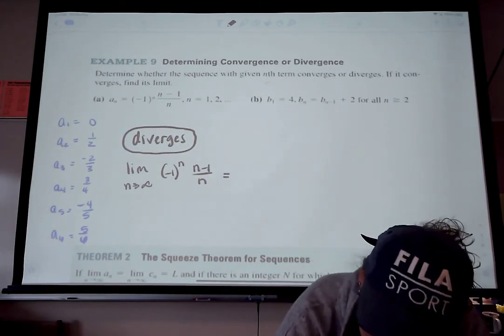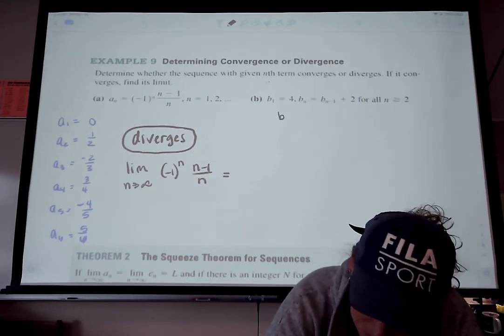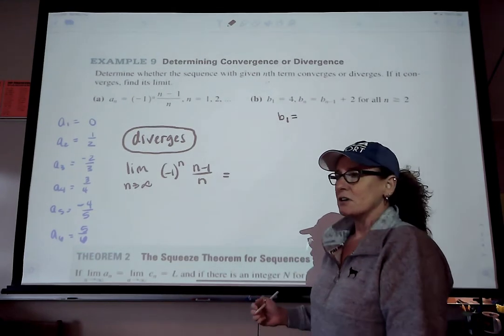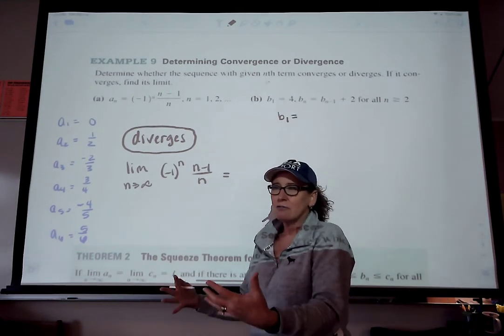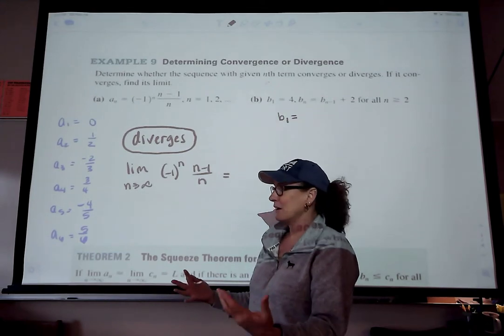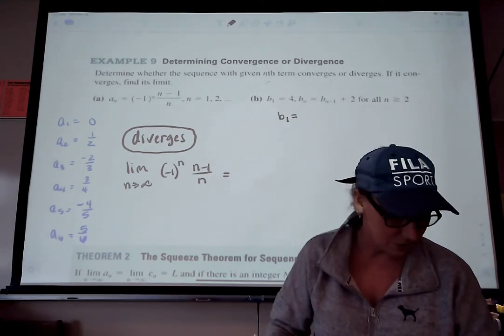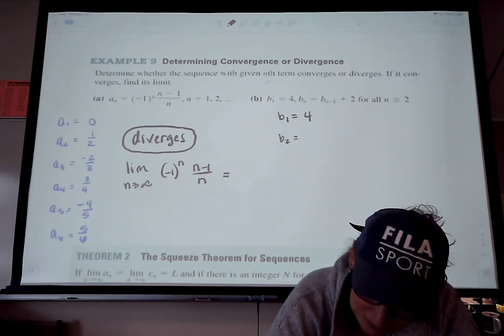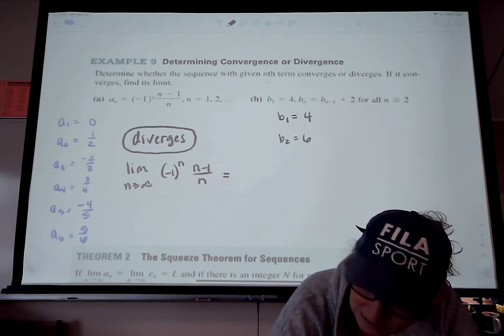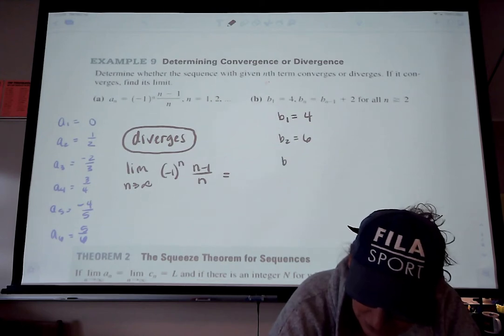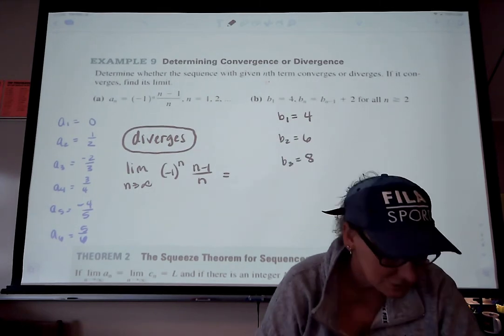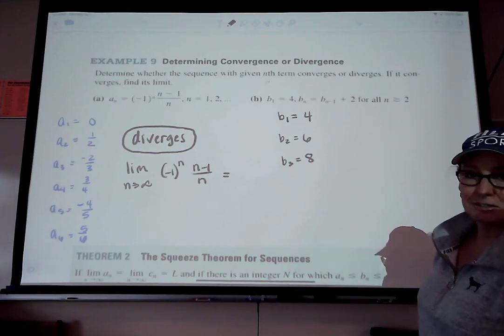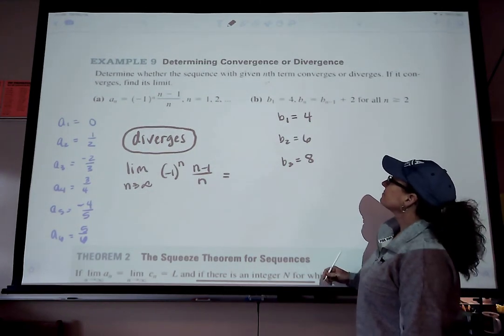Okay, next one. Now for some reason we switched letters, so the representation of our sequence isn't a sub n, now it's b sub n. Don't know why, just go with it. So the first term is 4, the second term is 6, it's defined recursively. Third term is 8. You can see what's going to happen here.